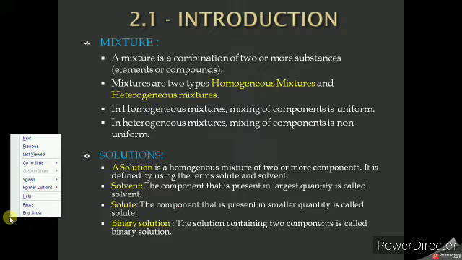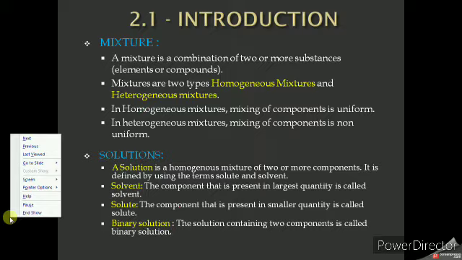When we mix two components and they form a uniform substance, for example, if we add sugar in water, then we get one phase. So that mixture is called a homogeneous mixture.